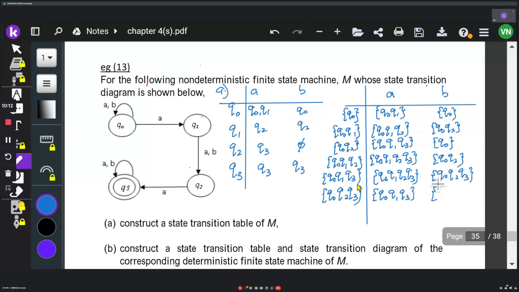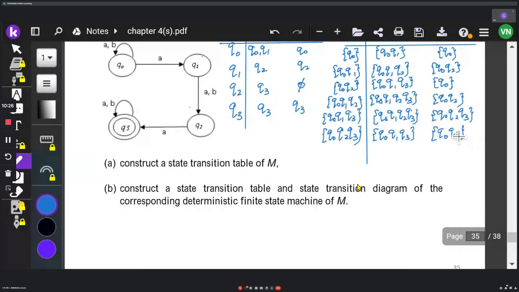And for the input B, we have 0, 2, 3. So 0 and 3. Okay. Now we already have the 0, 2, 3. So now we have left 0, 1, 0, 1, 2, 3 here.